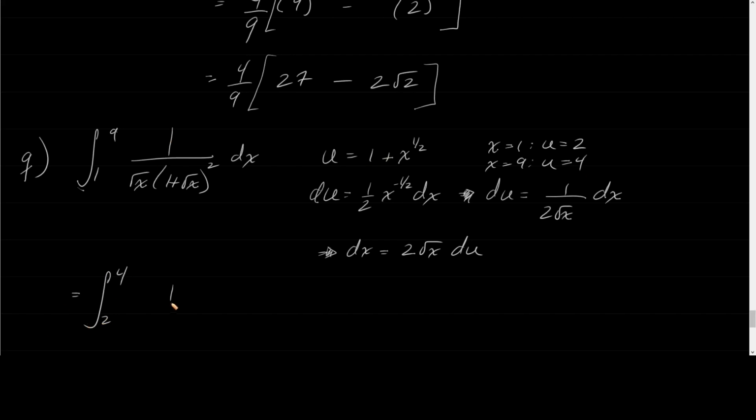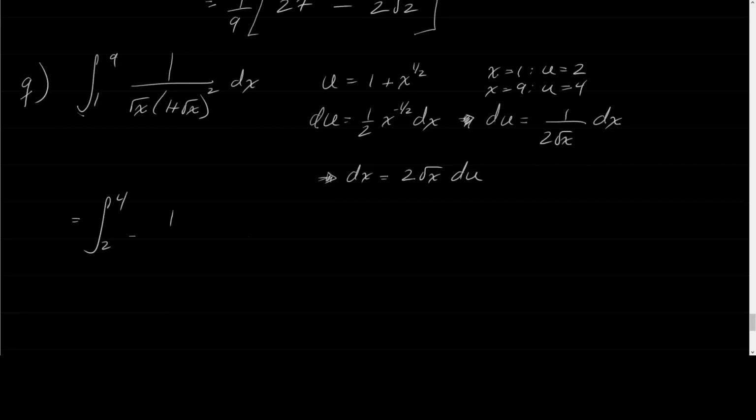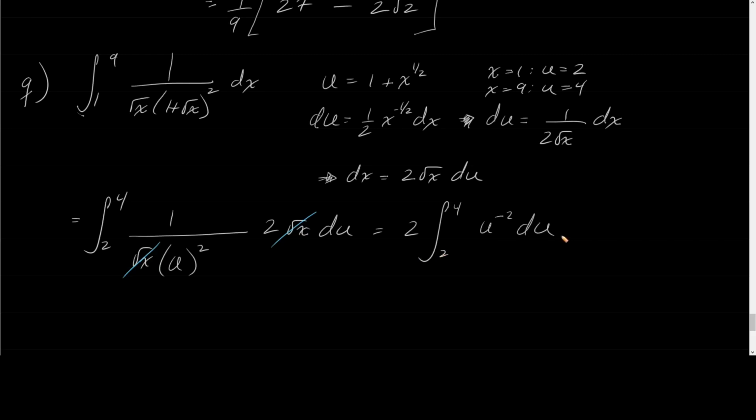Well, this square root of x, that wasn't our substitution, so that's still there, times 1 plus radical x, that was our substitution, so we have that squared. This dx was 2 radical x du. So at that point, we see that the radical x's cancel out, and we end up with 2 times the integral from 2 to 4 of u to the negative 2 du.